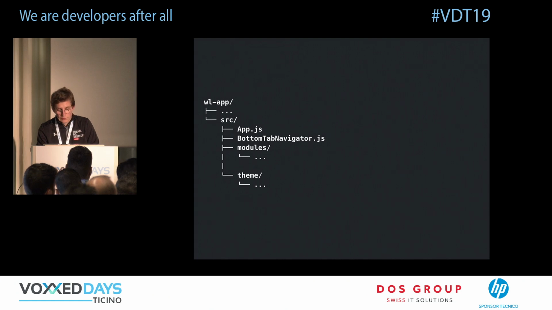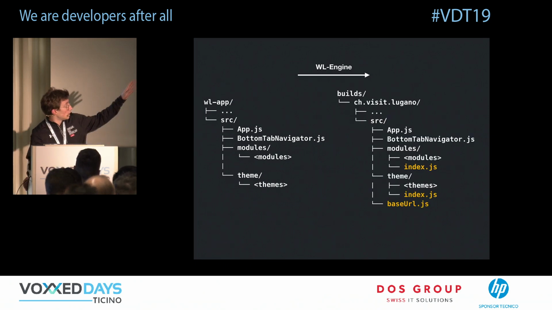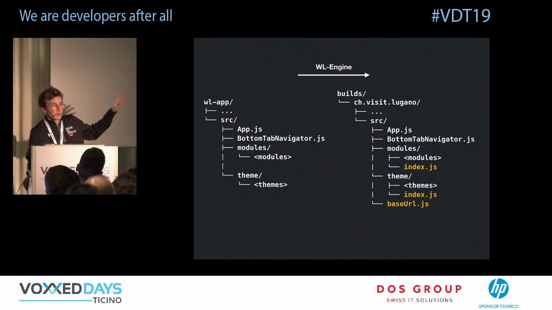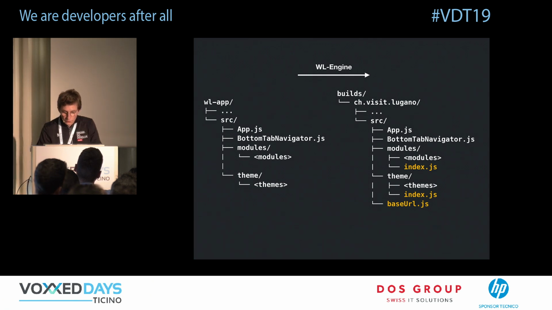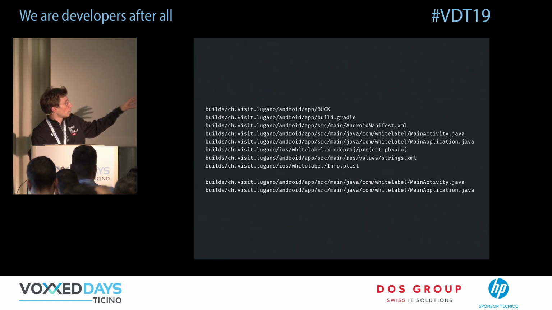Under the builds directory, we will have ch visit Lugano, which is kind of the same as the whitelabel app, with an addition of some files we generated that will handle the whitelabel for us. In addition to generating those files, we also edited some more and moved some others, but that's basically what we did.